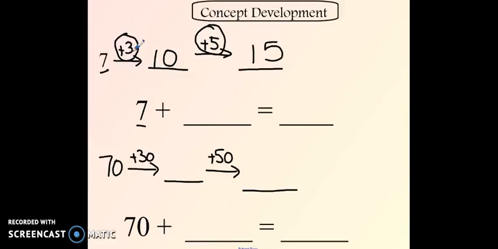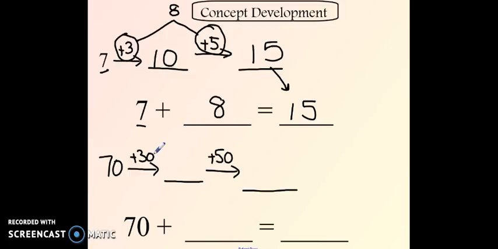So I added a 3 first and then a 5. If I put 3 and 5 together, it makes 8. So I did 7 plus 8 to get 15. So here, 7 plus 8 equals 15. So I can write my arrow method as a regular equation as well.